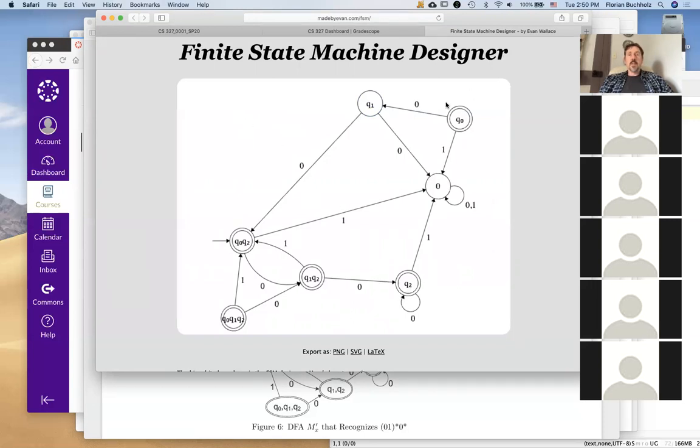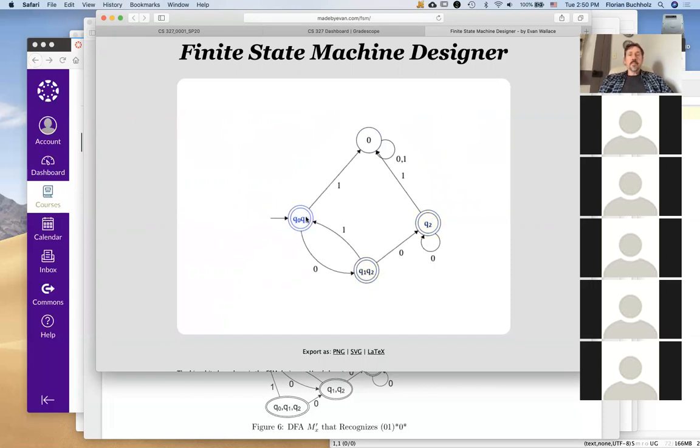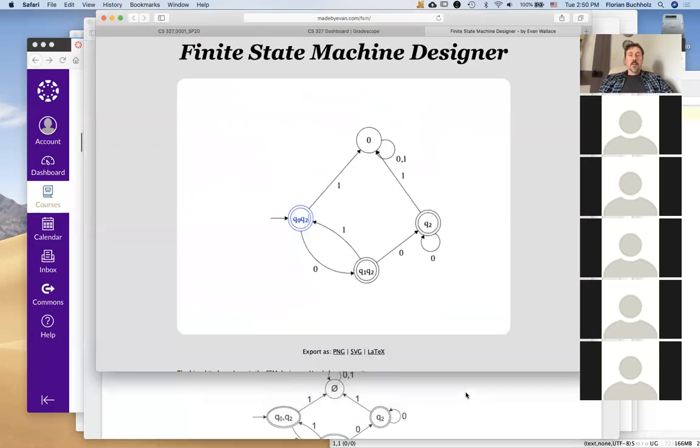And this one doesn't have any arrows going in, let's get rid of that one. Now this one doesn't have any going in. So this was a state that had one coming in, but it was from a state that wasn't reachable. So that one can go. And finally, this one can go. And now I'm left with just this. And that now actually looks exactly like this. So, all right, good. I didn't screw it up.